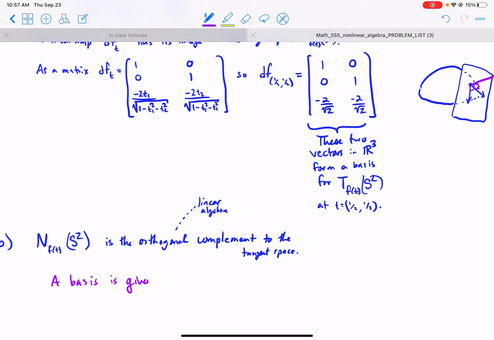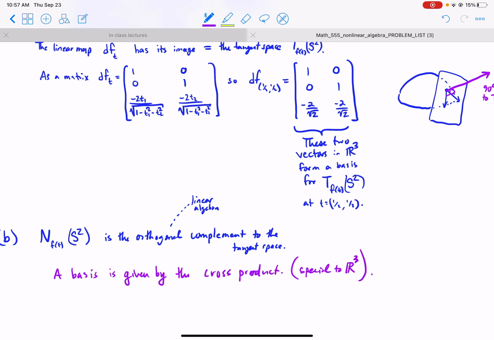Okay, so just a basis is given by the cross product, because we're in R3, special to R3. So I don't like that because it only works in R3, so let's find another way.